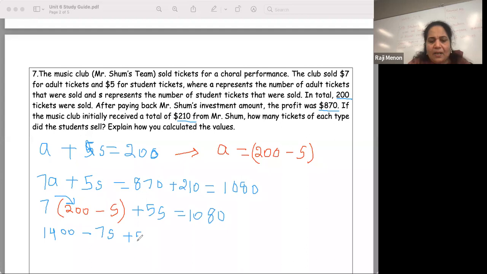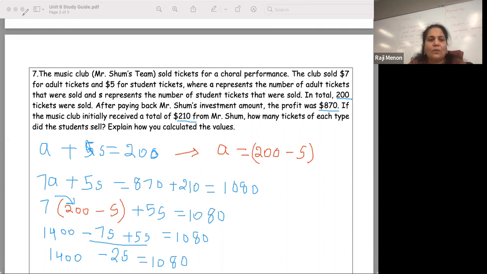So here we are, almost getting there. 1080. Now you solve for these two guys. You need to know your negatives for that. So you get minus 2S. You need to work through your negative skills, your distribution skills, and then your solving equation skills.